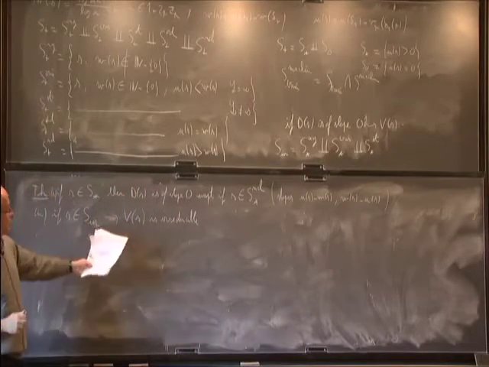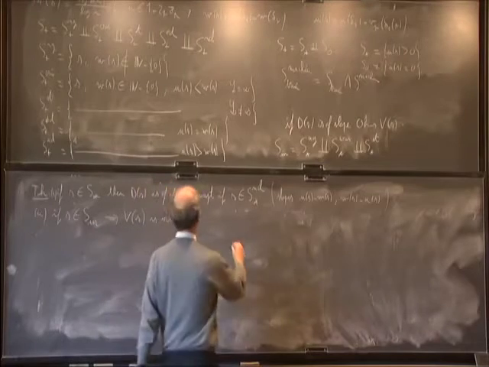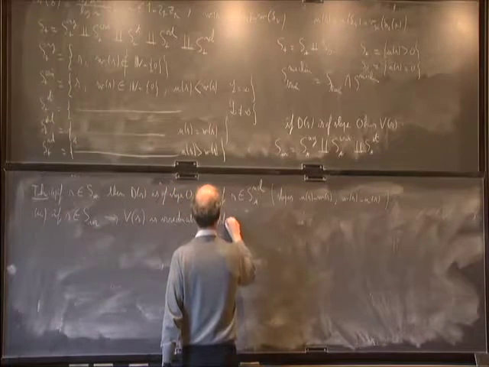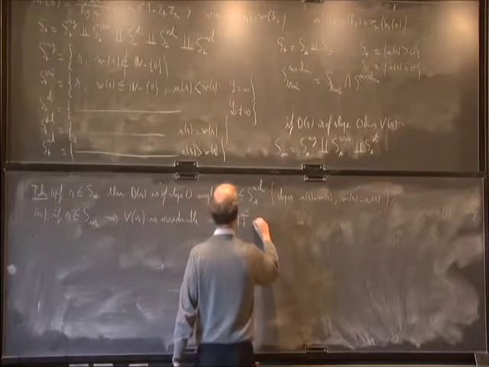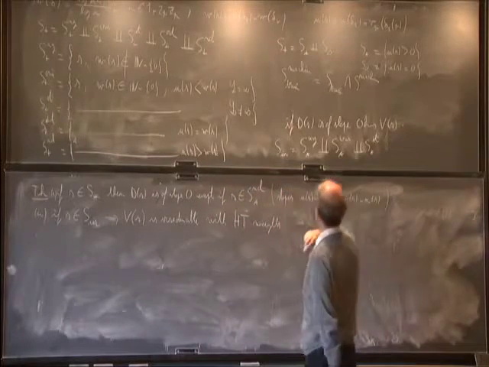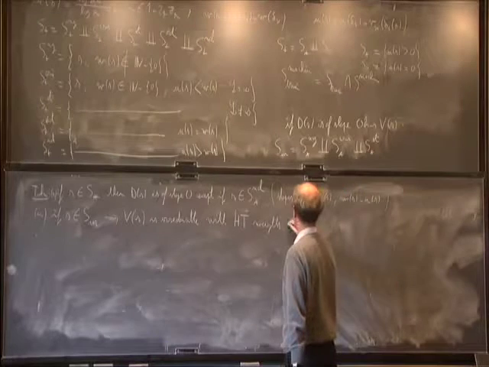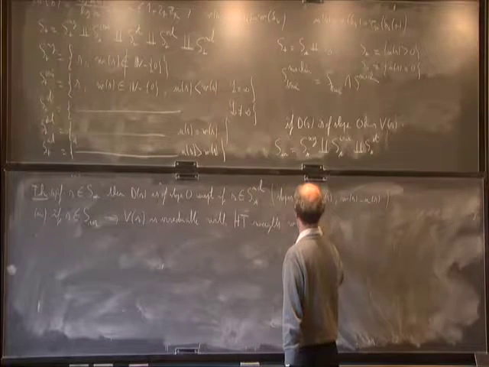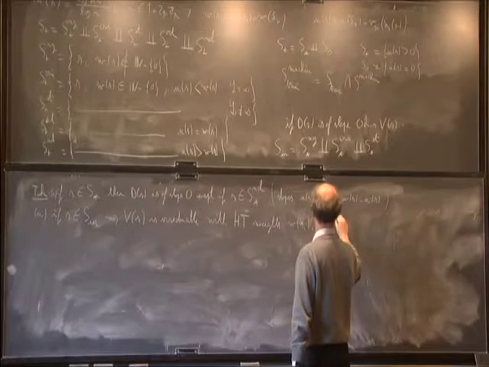And then the Hodge-Tate weights of V of S are exactly the weights of the two characters. So they are w of delta 1, w of delta 2.